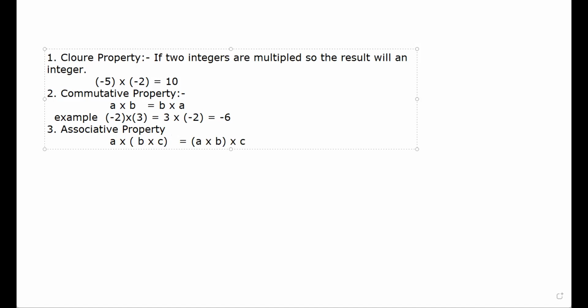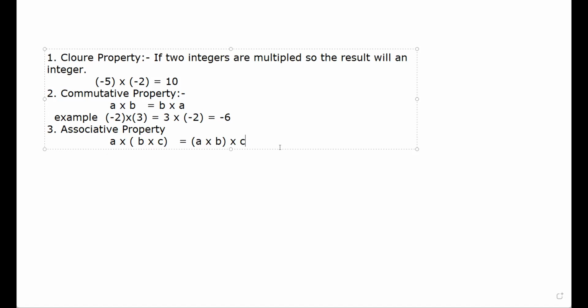My dear students, there are three numbers A, B, C. If I multiply B into C first and then multiply by A, and on the left side, if I multiply A into B first and then multiply by C, the result will be the same.